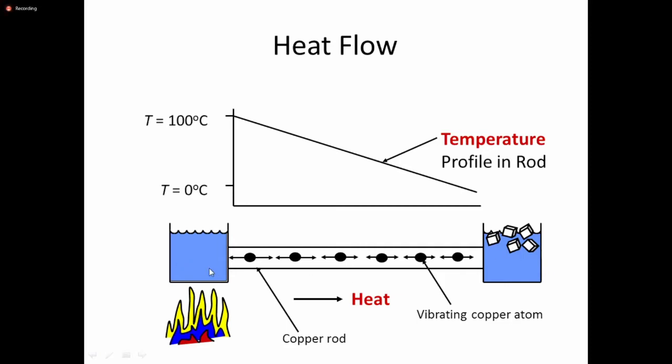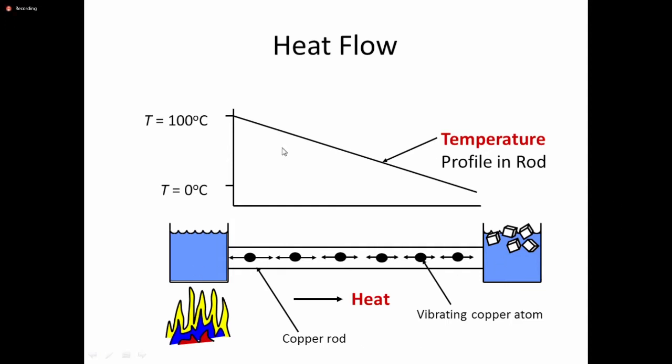If you have the copper rod, then the heat will transfer through this copper rod. The molecules inside this copper rod will vibrate about their mean position, and they will transfer the heat from one location to another location, and heat will be carried from point 1 to point 2, point 3, and here itself. And here this particular ice starts to melt and tries to get converted into water.